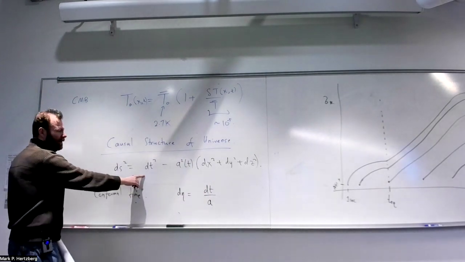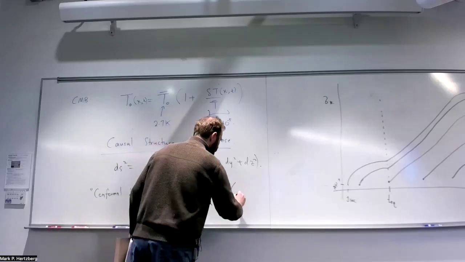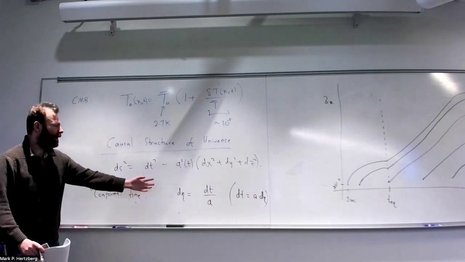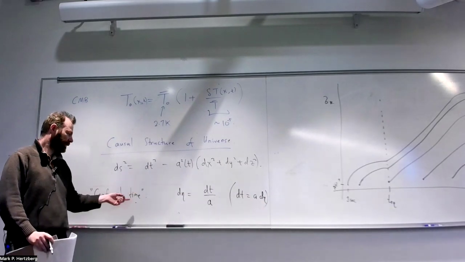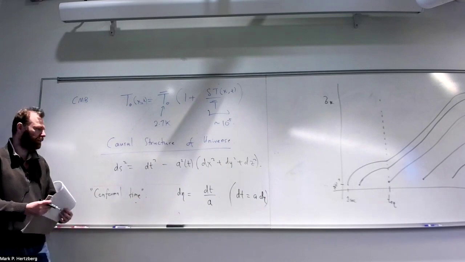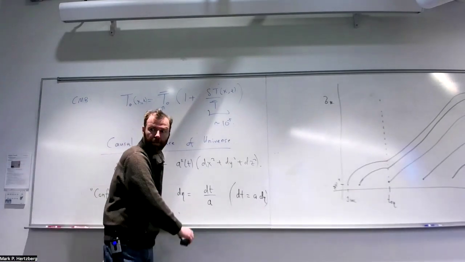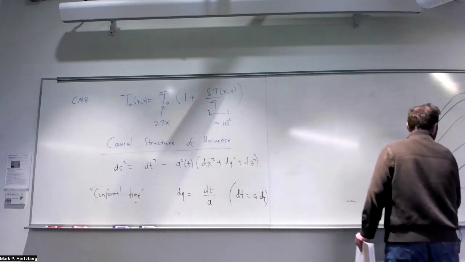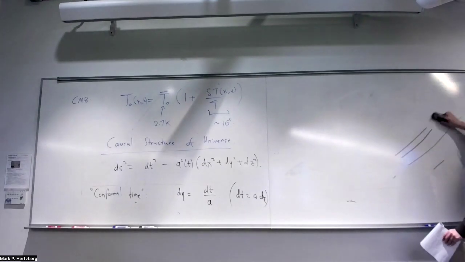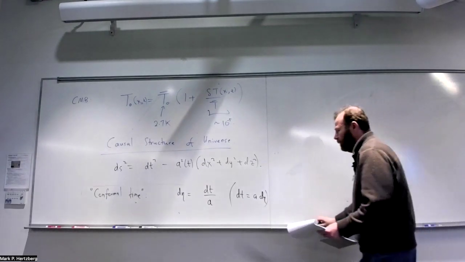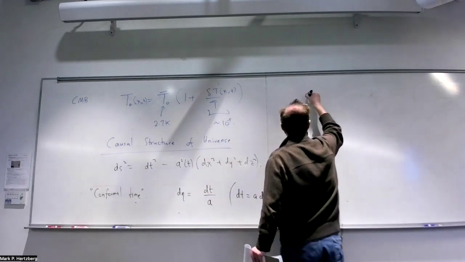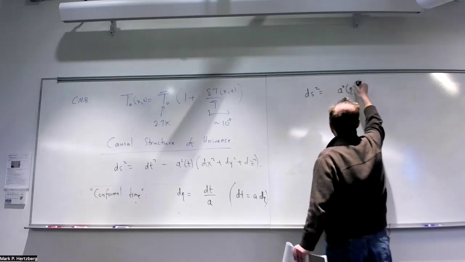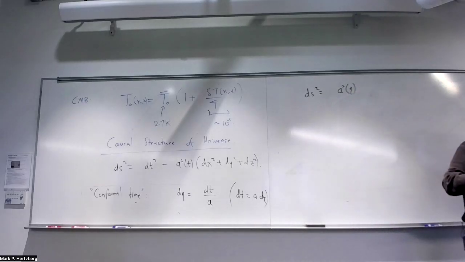And if I do that here, or the other way around, dt equals a d eta, it will allow me to pull out the a squared in front. So this eta is called conformal time. So we're going to do that. I'm allowed to. I can write a squared of eta because I'm changing my clock from t to eta.